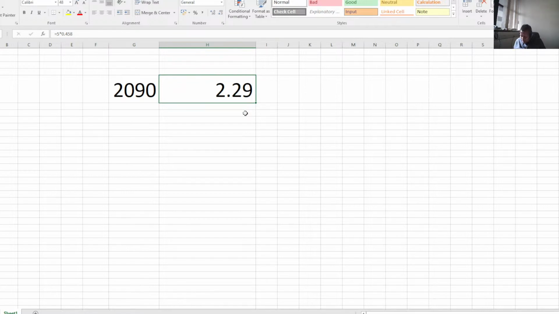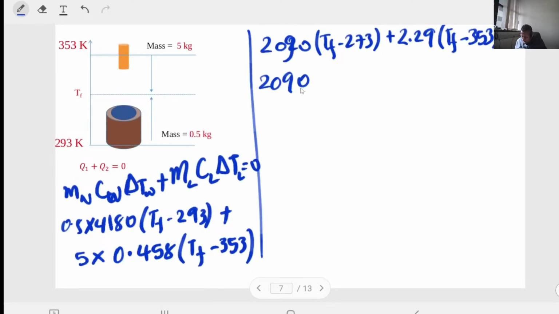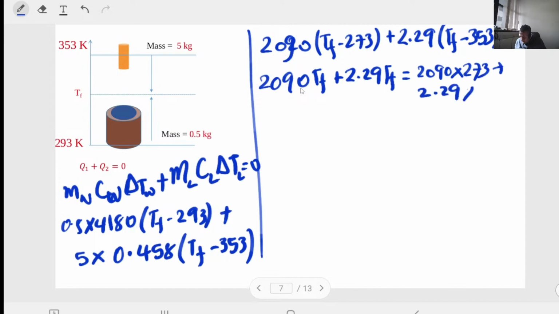Then 2090 T final plus 2.29 T final must be equal to, taking that side, 2090 times 273 plus 2.29 times 353. Then this one is 2092.29 T final must be equal to, what is this one?